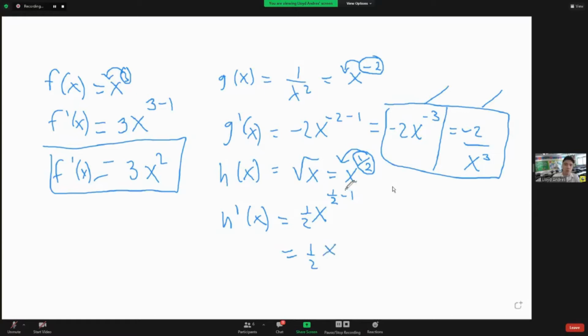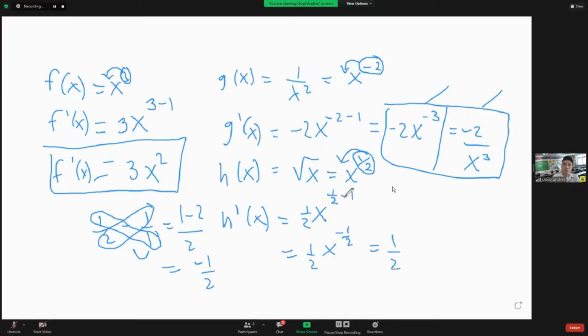Solving without a calculator, 1/2 minus 1 is 1 over 2 minus 2 over 2, so 1 minus 2 is negative 1/2. So that's negative 1/2. That's already okay, but if you want to return it as a radical, since the exponent is negative, we move it down. So that's 1 over 2 times x raised to 1/2.